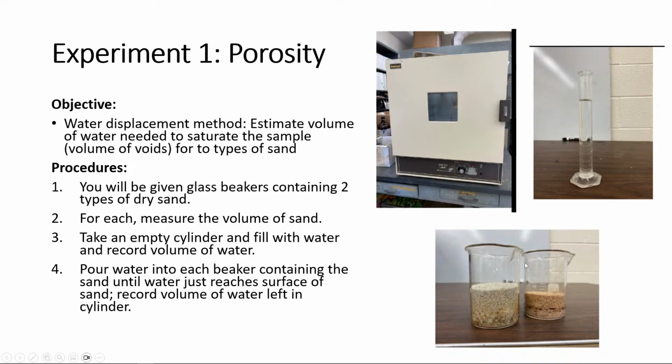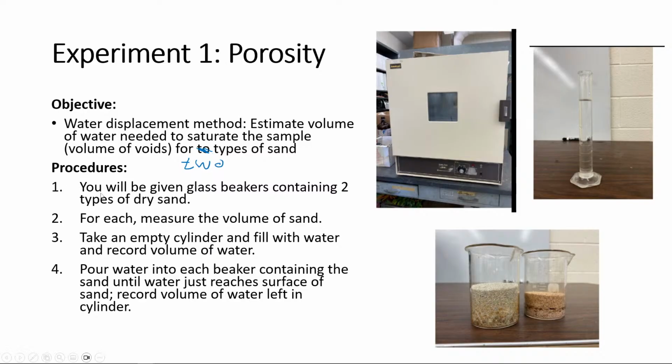You get the material, and the procedure is simple. The objective is the water displacement method: estimate the volume of water needed to saturate the sample, the volume of voids, for two types of sand.